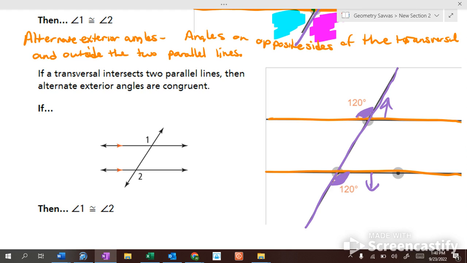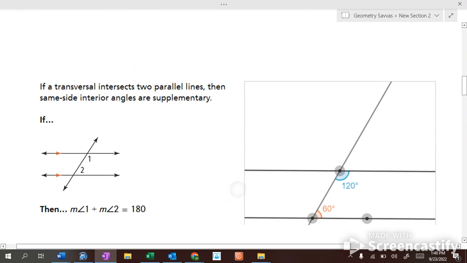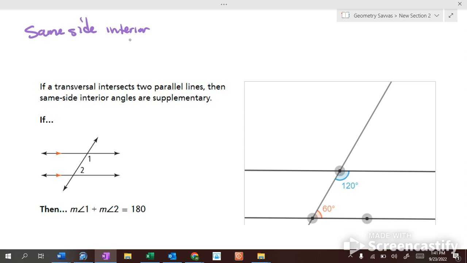Okay? All right, one more main definition left. The last one is same side interior angles.